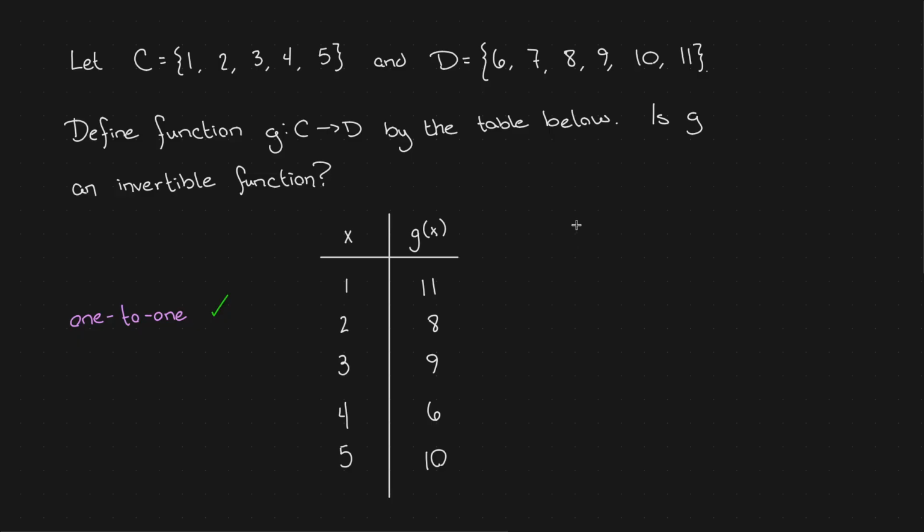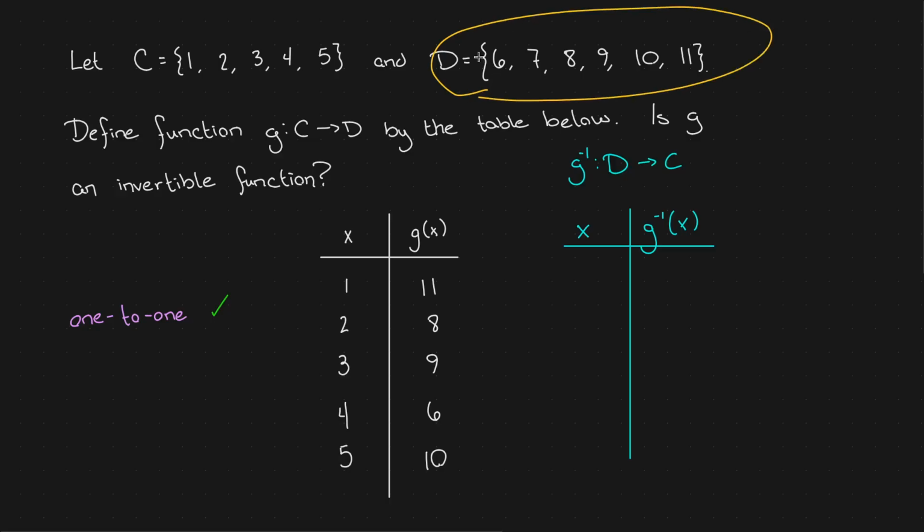So again, let's try to construct the inverse function and see how far we get. For G inverse, since G maps C into D, G inverse is going to map D into C. So the values I can plug in for G inverse are these guys right here, if G inverse indeed exists: 6, 7, 8, 9, 10, and 11.